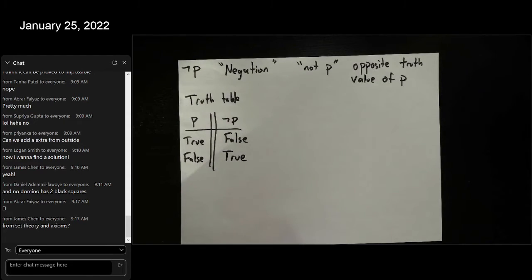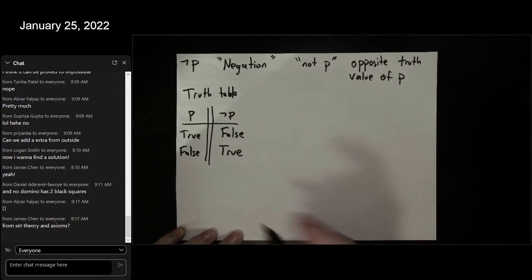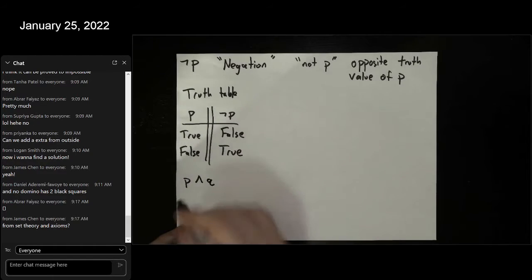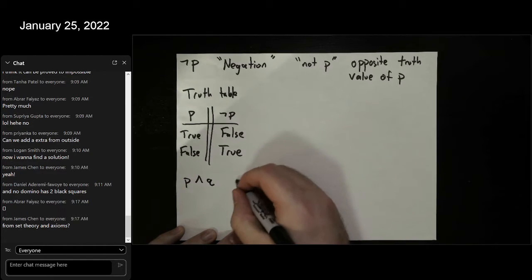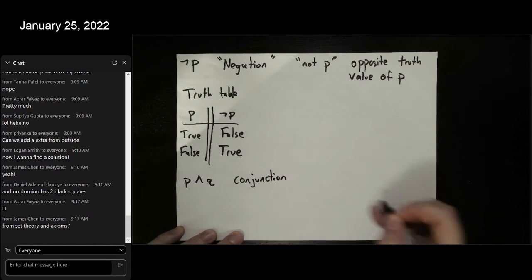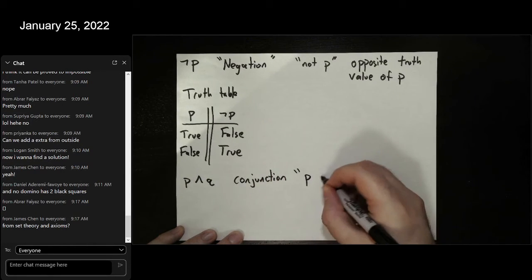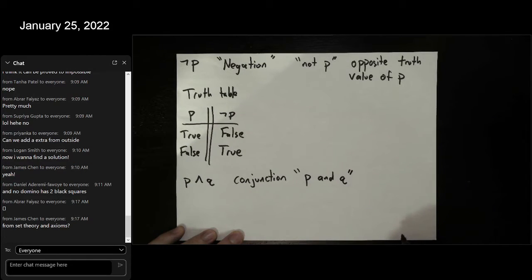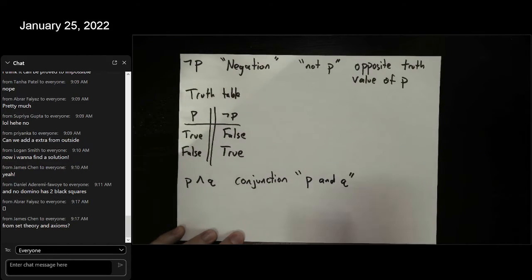Another thing I can do, if I have two propositions, I can combine them with something called a conjunction, which is a little caret pointing upwards. This is a conjunction, and we read it as P and Q. And this is true when P and Q are both true.